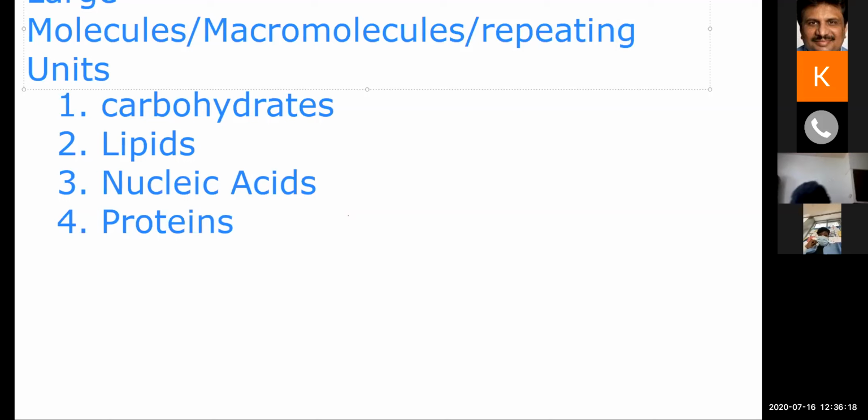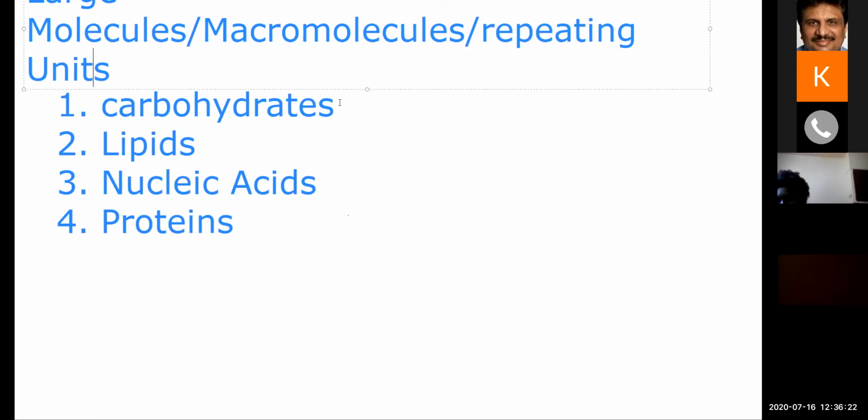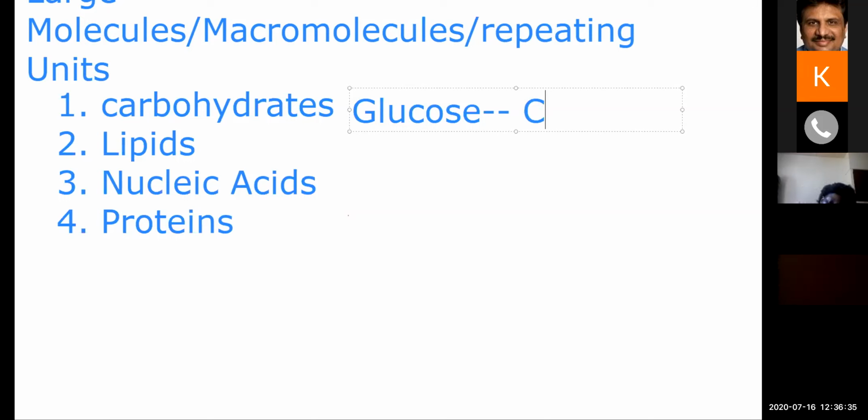So going one step ahead, carbohydrates are made up of a single unit, glucose, and glucose is written as C6H12O6.